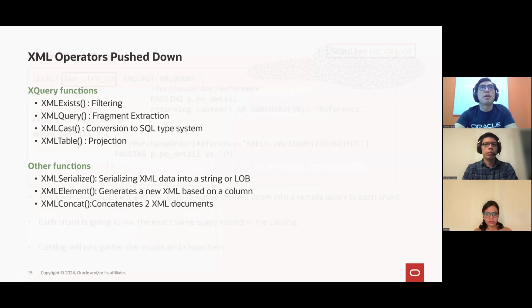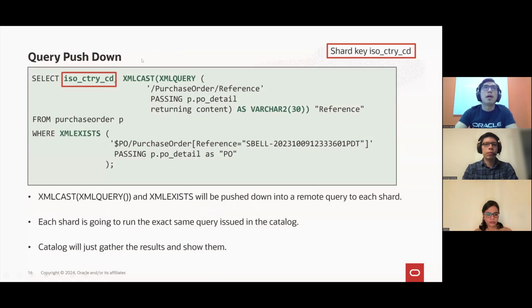And I'm gonna show a little example here. Say we are issuing this query from the coordinator. We have the ISO country code, which is the shard key. This is just to show where the row comes from. And then we have the XML cast and XML query operators.